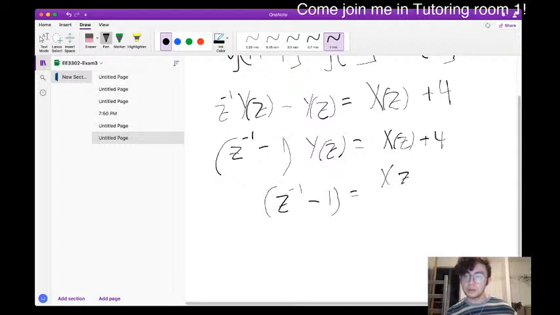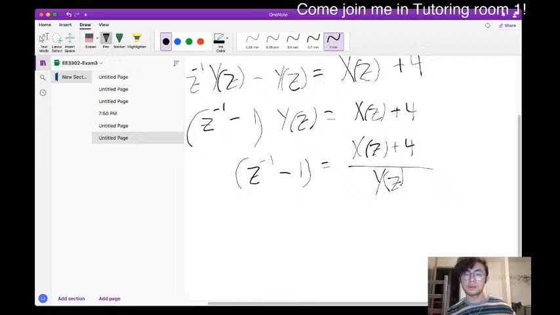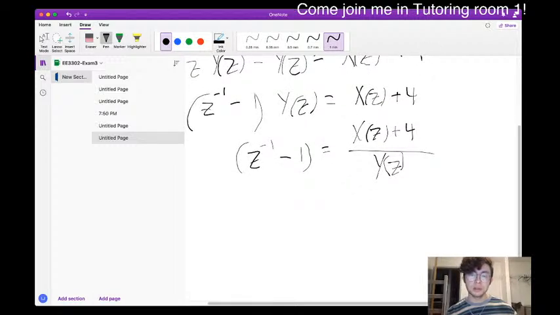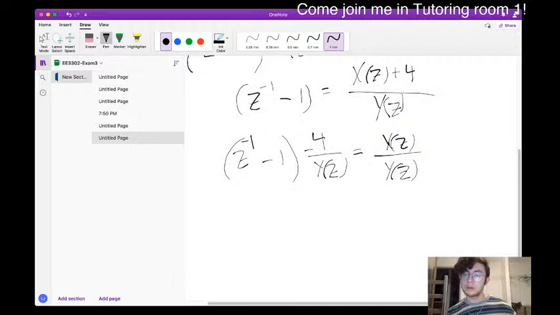Let's try to subtract that 4 over Y(z) term, and get a common denominator.